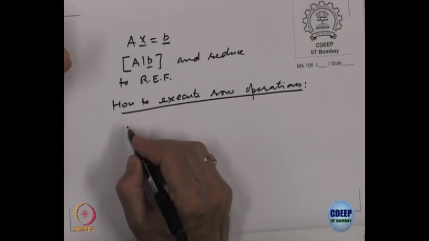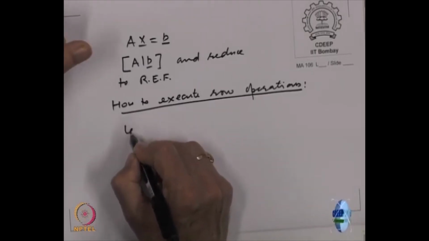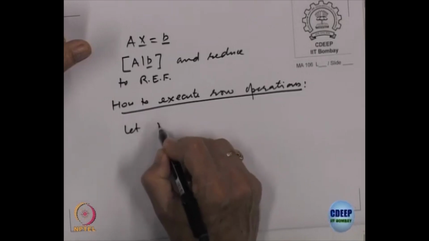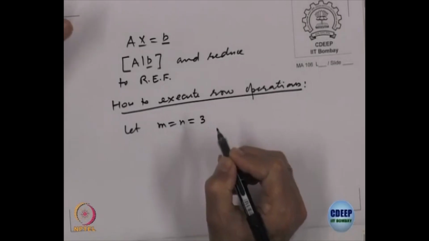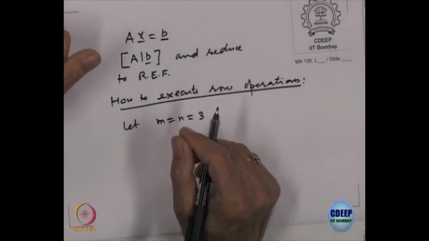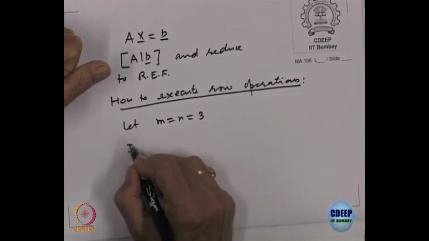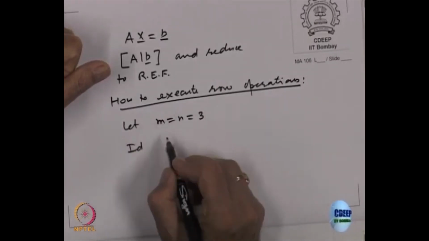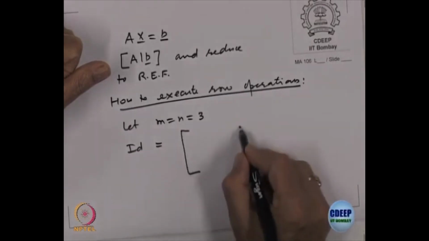So, let us do some simple thing. Let us take m equal to n equal to 3, just a square matrix; we will take an example of a 3 by 3. There is something called the identity matrix. What is that? It is a 3 by 3 matrix.